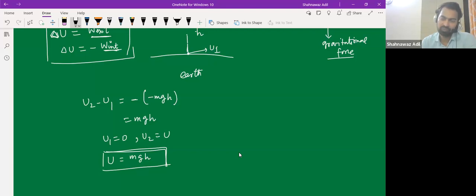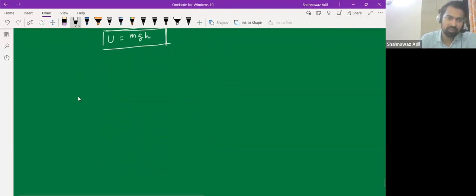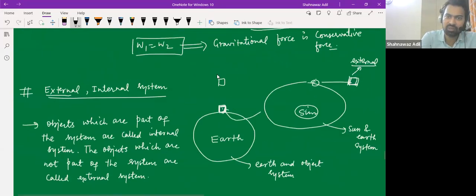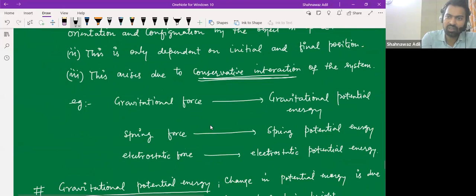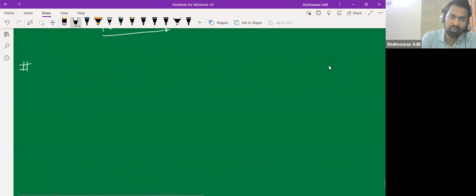Yes, sir. Okay, so then let us understand about another. So we understood about this gravitational force and the gravitational potential energy. So now let us understand about what is spring force.